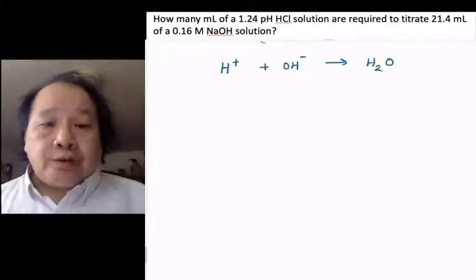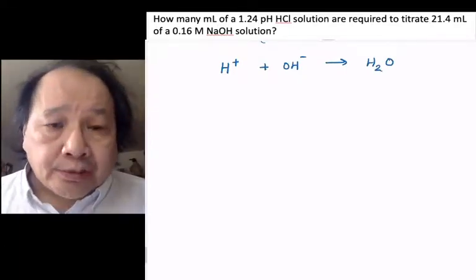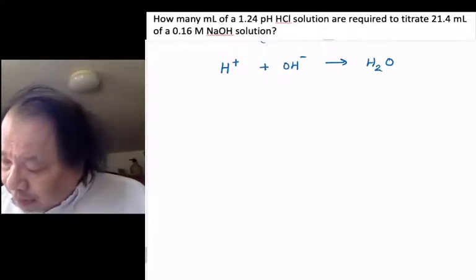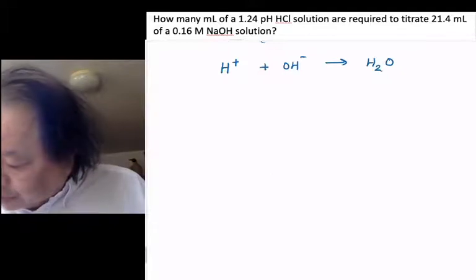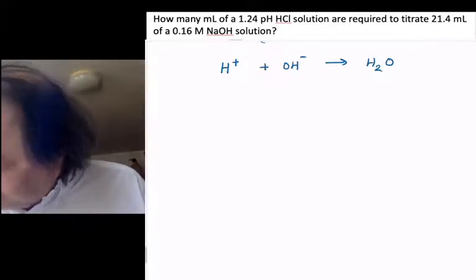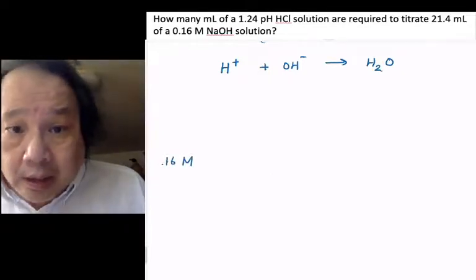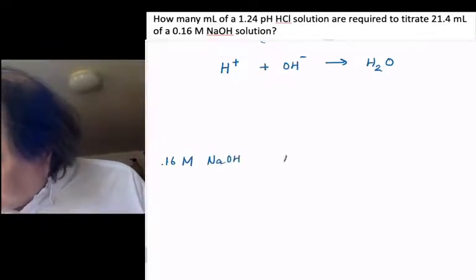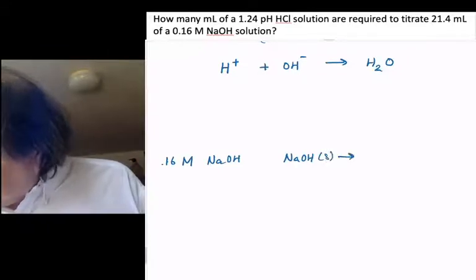And we're going to do a very simple diagram. We want to enter underneath it the number of moles of each. So let's first deal with the base. We have 0.16 molar NaOH. NaOH is a solid, and it dissolves to Na plus aqueous plus OH minus aqueous.